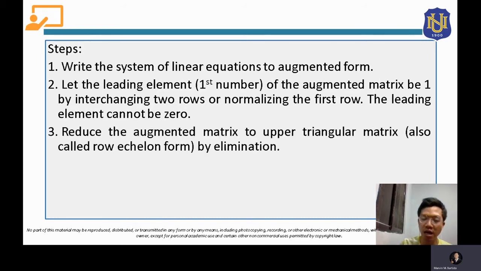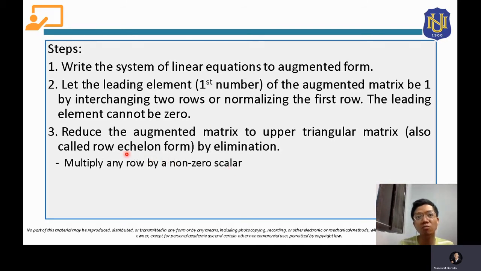Now, for the third step, we have to reduce the augmented matrix to an upper triangular matrix, also called row echelon form, by elimination. The augmented matrix can be reduced to an upper triangular matrix by multiplying any row by a non-zero scalar.